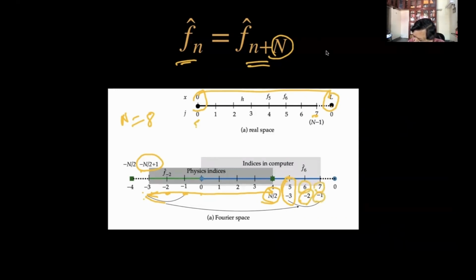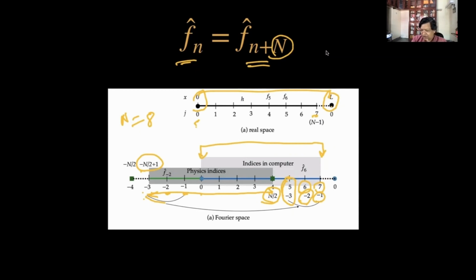Okay, so in computers we save from 0 to 7, and it's nice. Our indices are positive. So it's easy to handle. I mean, in Python we don't want to have a negative index, so that is a problem. So this is a very useful transformation.